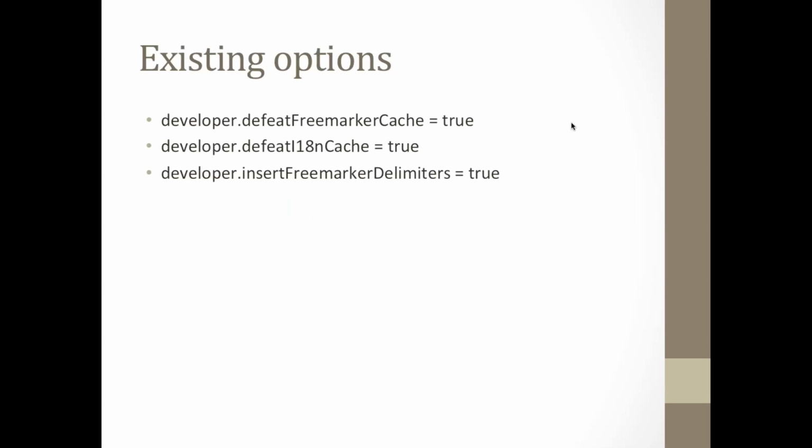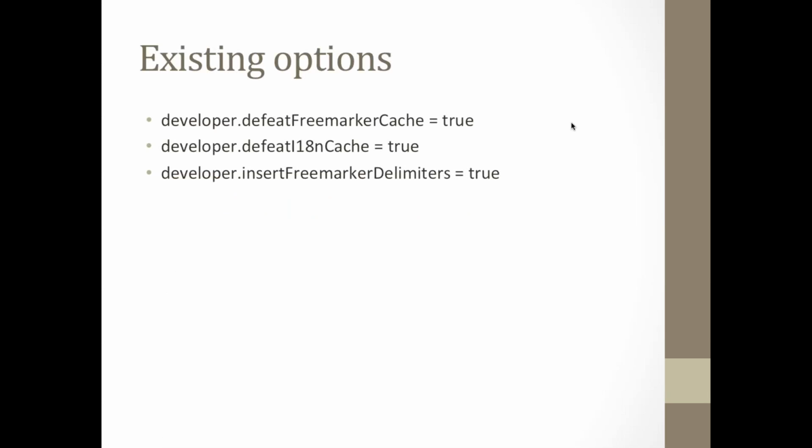What this does, ordinarily, FreeMarker will just cache templates, and every minute, if you ask for a template that hasn't been refreshed in more than a minute, it will look on disk to see if it's refreshed.